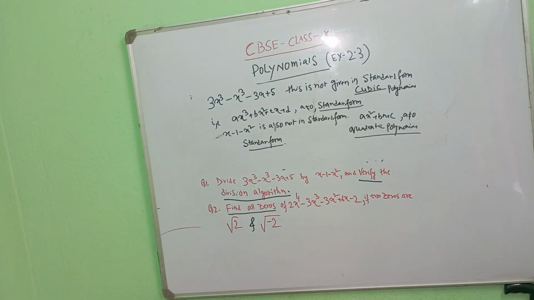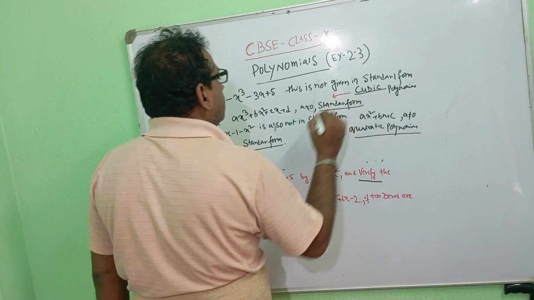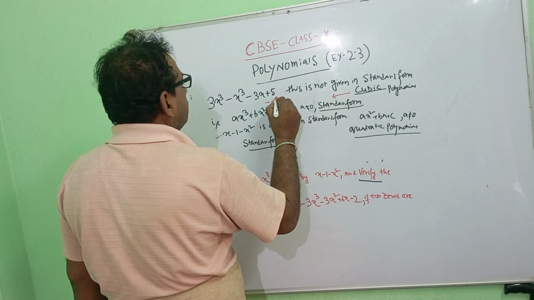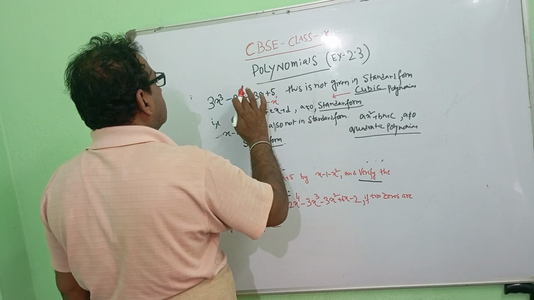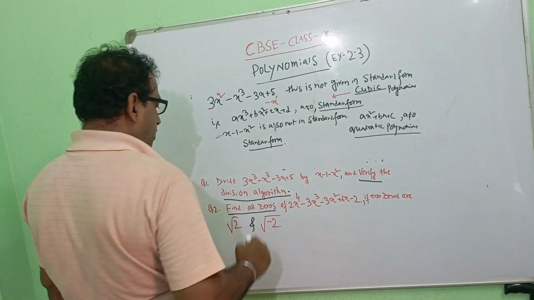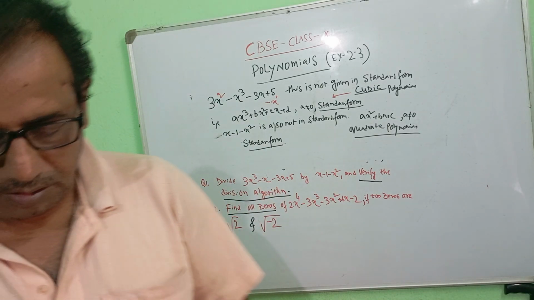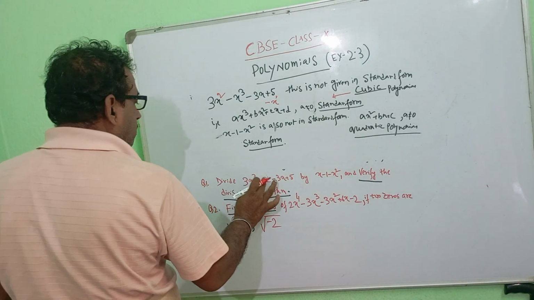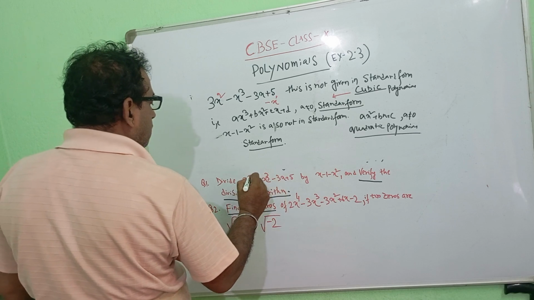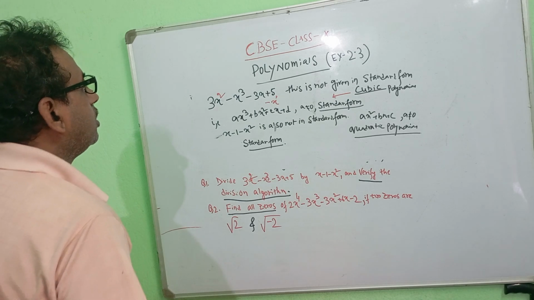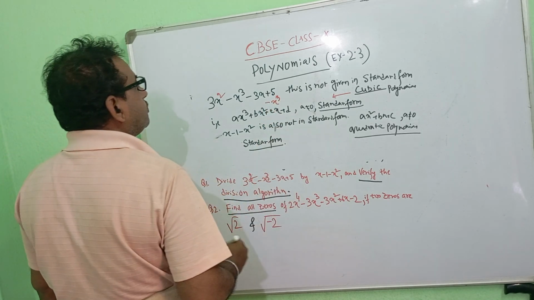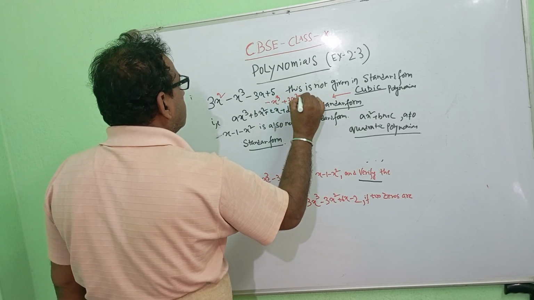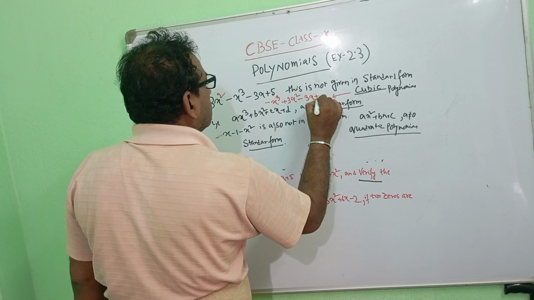The cubic polynomial we must write this way, that is minus x cube plus 3x square minus 3x plus 5.